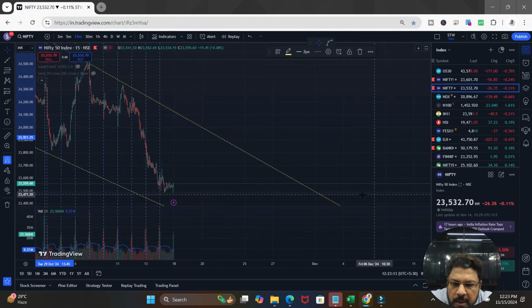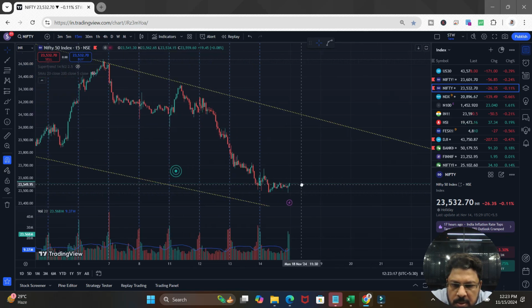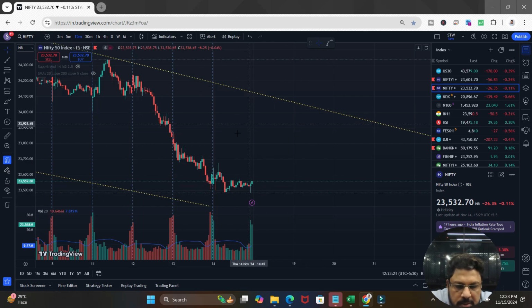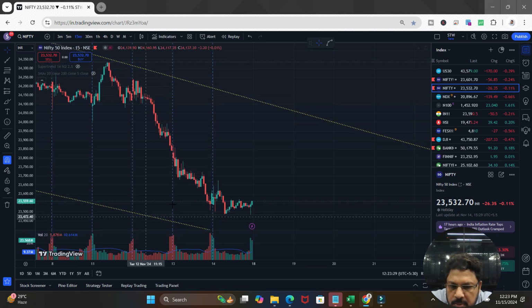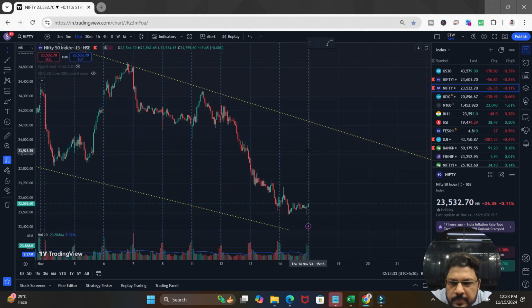Okay, any trade which you want to take on an intraday basis, you can always take basis a downward bias. So when you say that if it is at the lower end of this ray, let me reduce this volume and pull the chart a little upward.